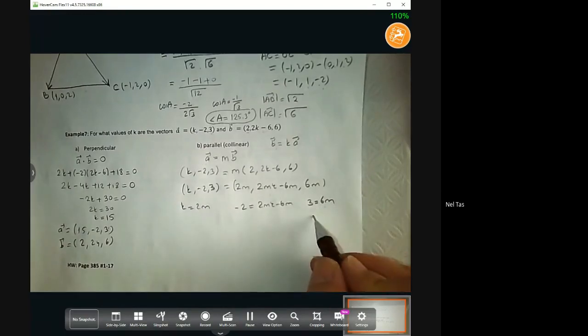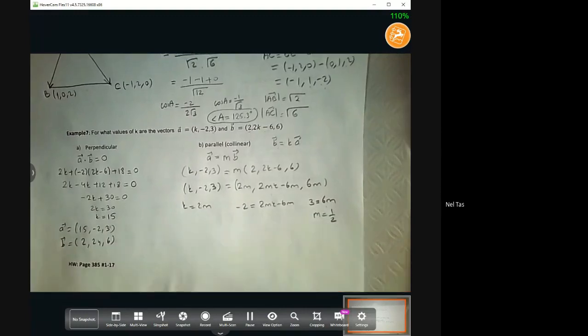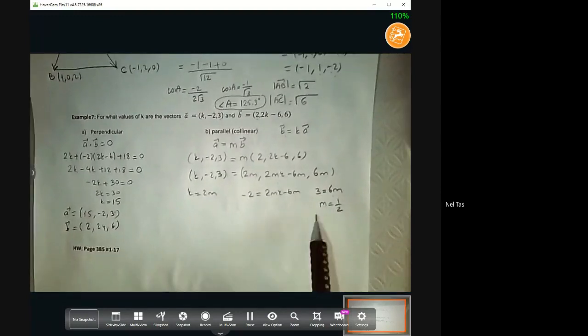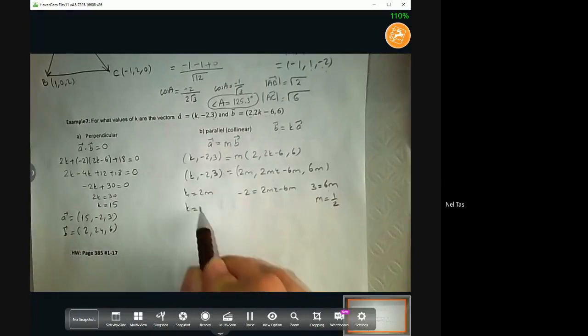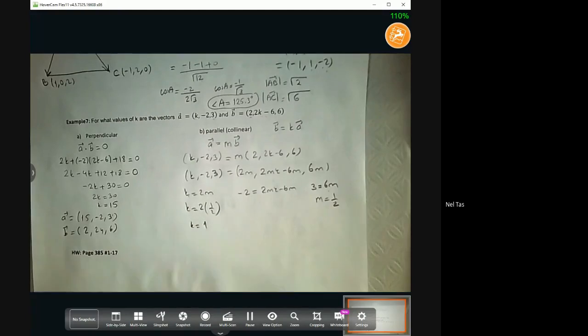Divide both sides by 6, and you get m equals 1 over 2. Then we can put this in the first equation: k is 2 times 1 over 2, so you get 1 for k.